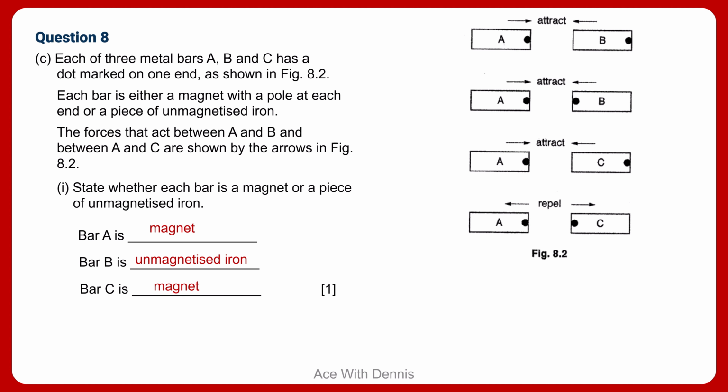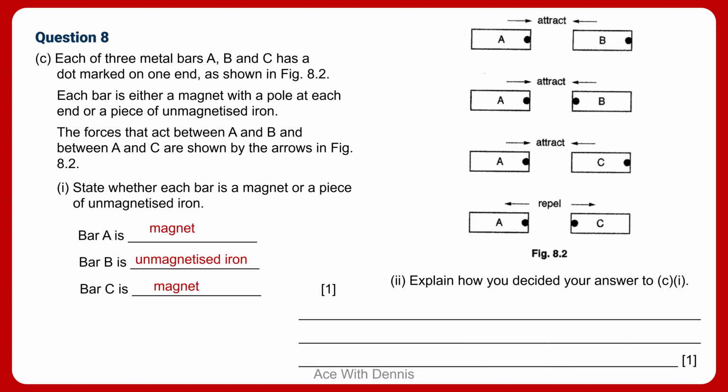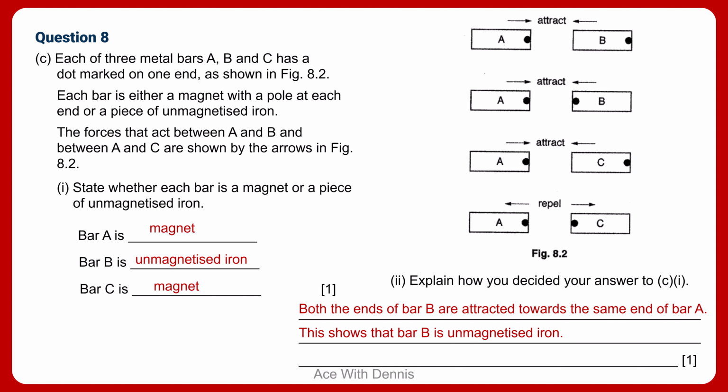Okay, why is it so? This comes to the question for part 2. Explain how you decided your answer to C part 1. 1 mark. Okay, first, how do we know bar B is unmagnetized iron? Because both the ends of bar B are attracted towards the same end of bar A. This shows that bar B is unmagnetized iron.